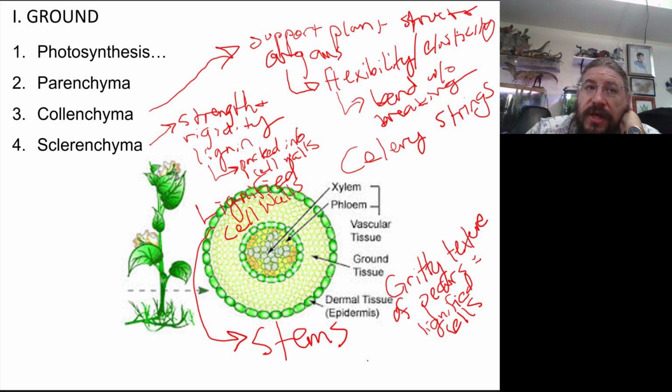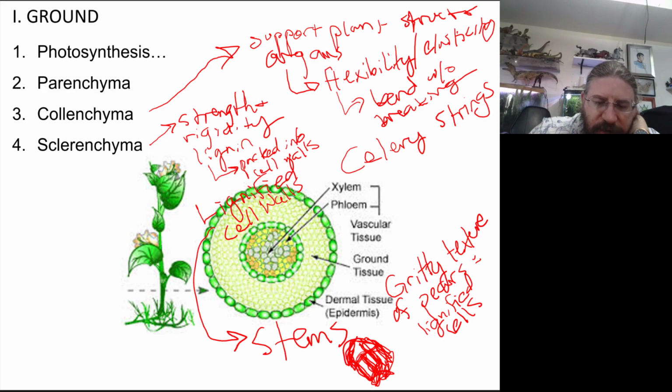Oftentimes when you have a seed inside a pit, for instance, cherries and peaches, when you go down to the pit of the peach, it's this weird cross-hatchy structure.